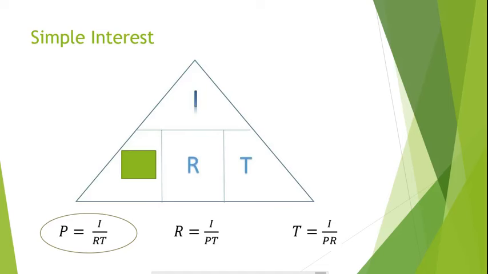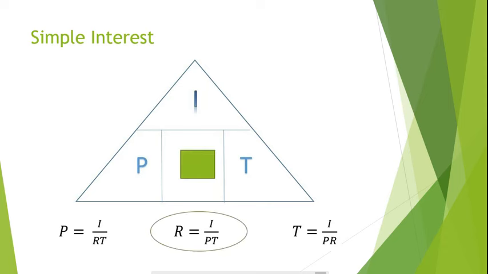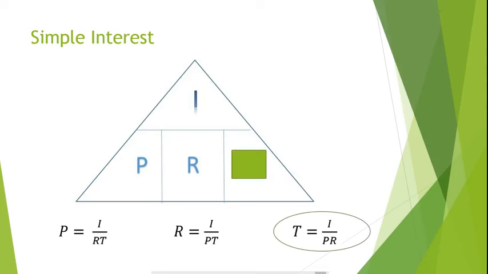If we want to find the formula to solve for the rate, all we would need to do is cover up R, giving us our formula of interest divided by principal times time. If we want to find the formula to solve for time, all we would need to do is cover up T, giving us our formula of interest divided by principal times rate.